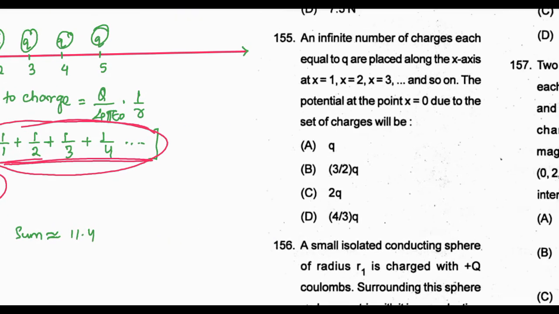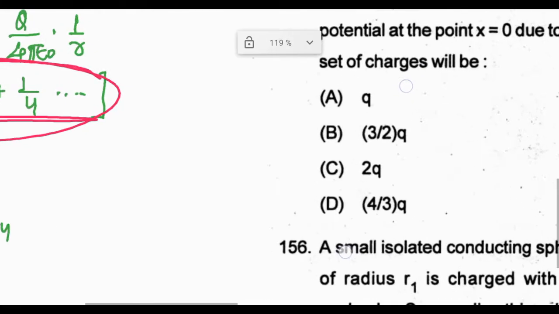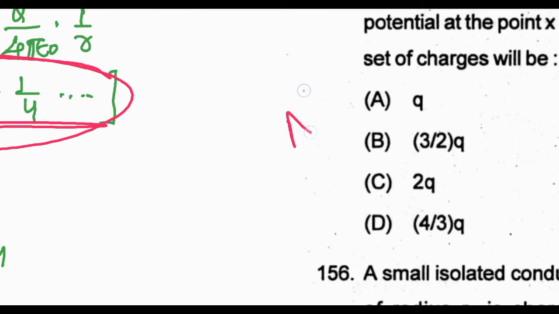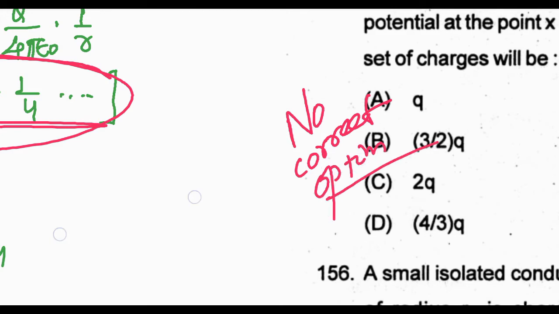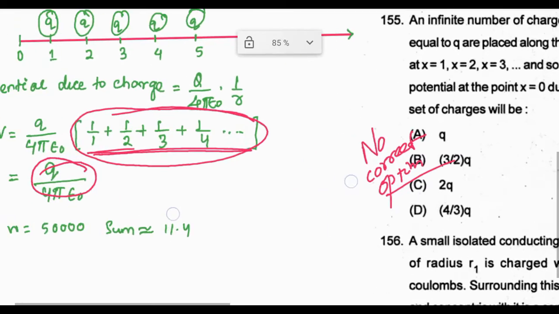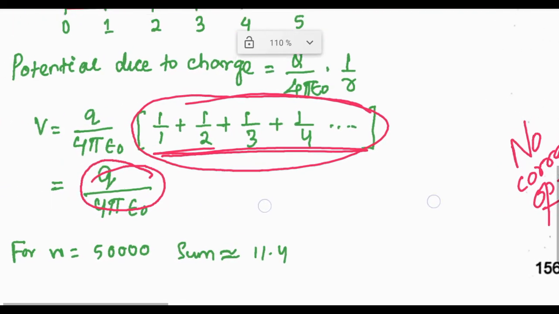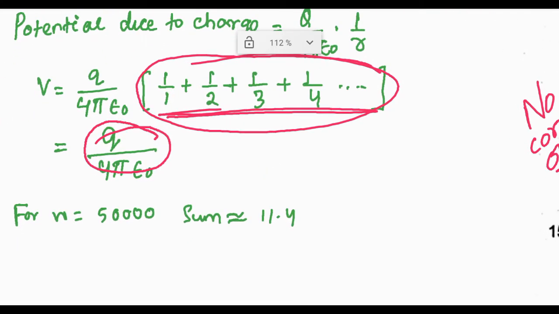In the options there are no such values, and here I would say that there is no correct answer for this one. There is no correct option, because we cannot evaluate that series. If you can evaluate this series, please comment below.